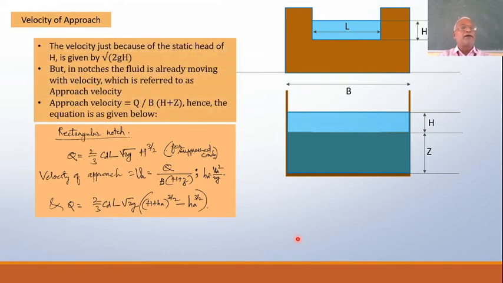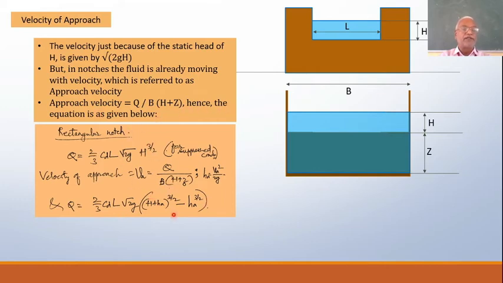Okay, here the velocity, just because of the static head of H, is given by root 2gh. Now look here, if you have got only this much of head, then the velocity would have been root 2gh. But in the notches, the fluid is already moving with a velocity which is referred to as approach velocity. So approach velocity is equal to Q divided by B into H plus Z. Hence the equation is as given below.